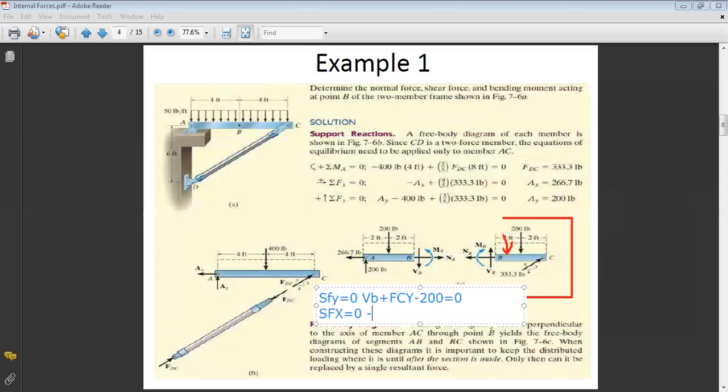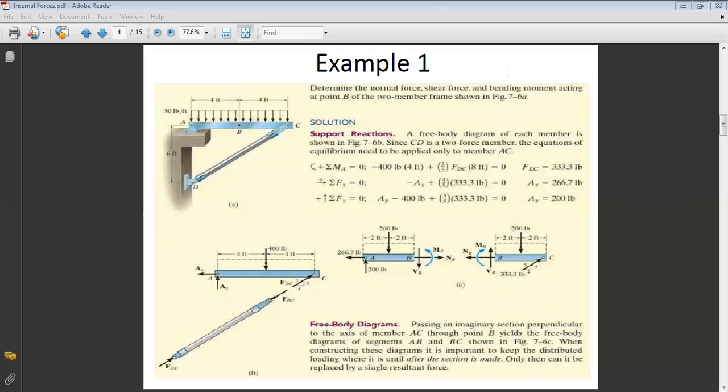We have minus NB and plus FCx, which is FC times 4/5, equals 0. So you get that NB is equal to 266.7, as we did in the previous slide. Okay, any question for this problem?